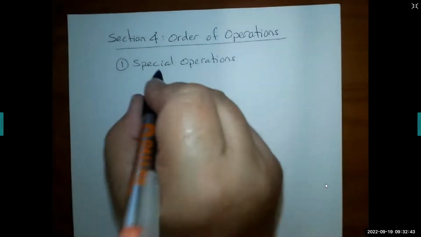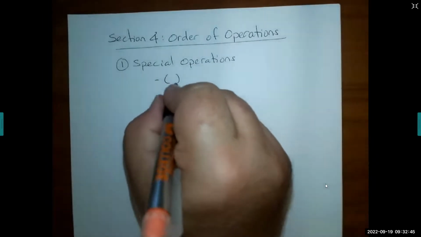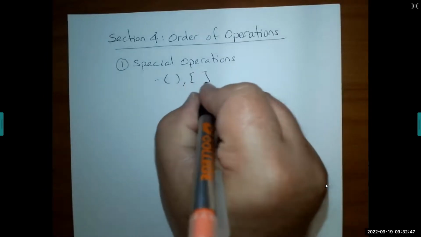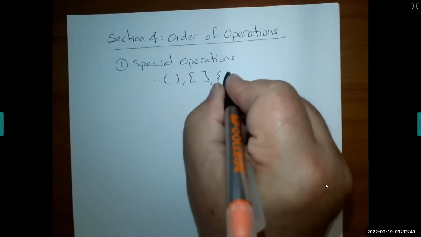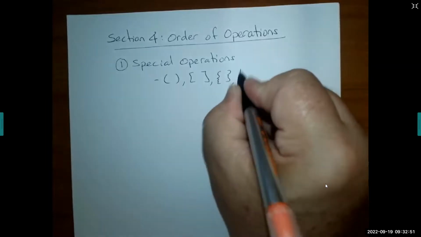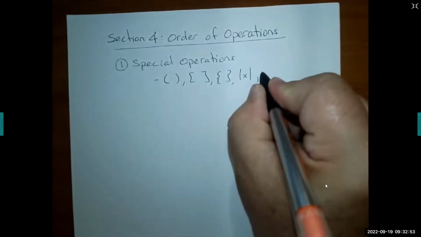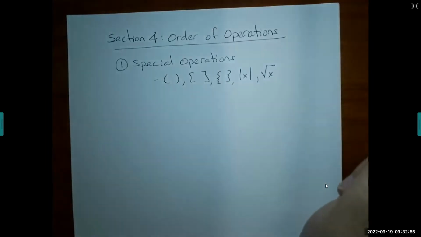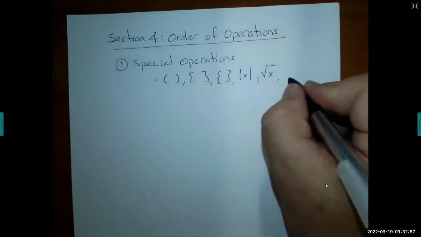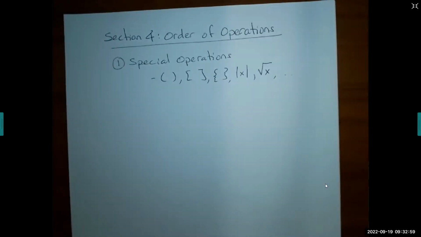By special operations, I mean parentheses, brackets, squiggly brackets, absolute values, radicals, and anything else. There are over 400 of them. So you do what's inside those and you finish those.